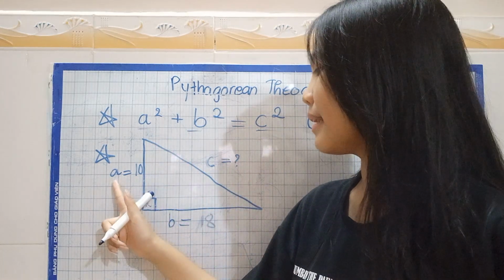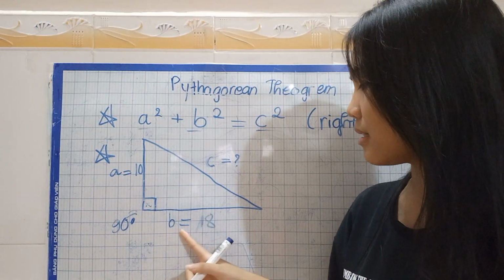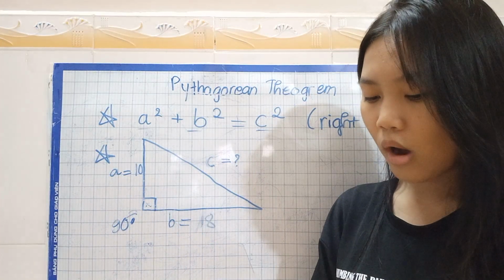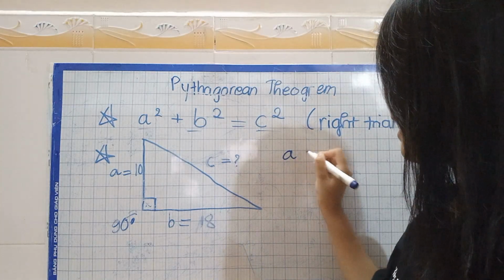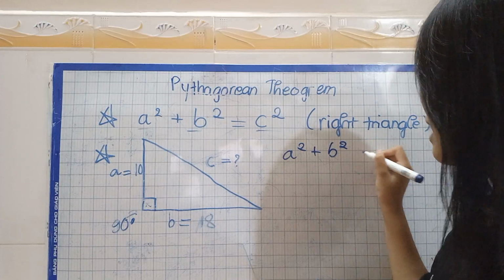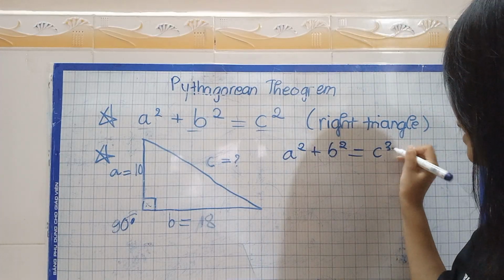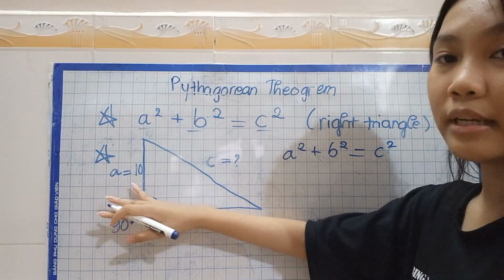So here we are given that a, which is this leg, is equal to 10, and this leg is equal to 18. So here comes the problem. a squared plus b squared equals c squared, right? So that means that we put this in.